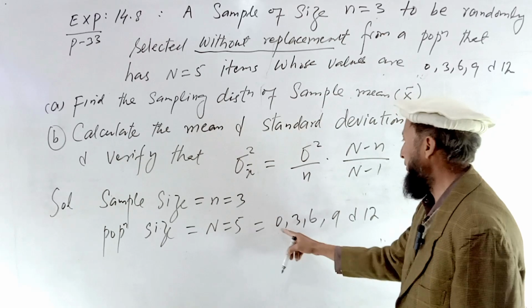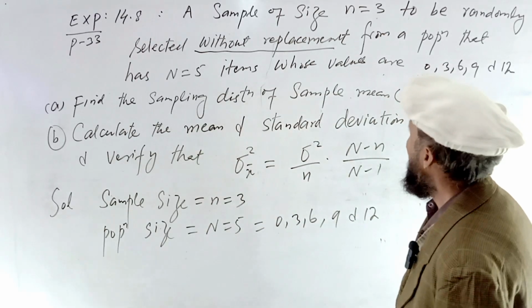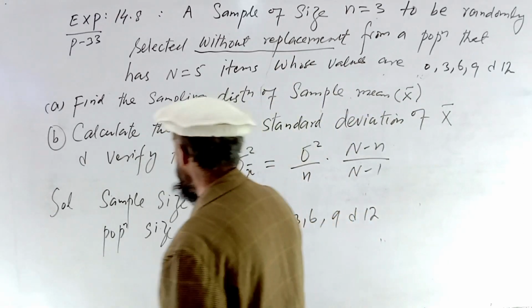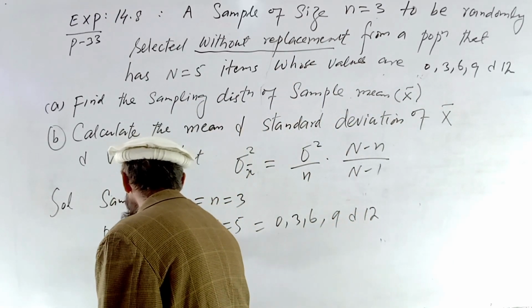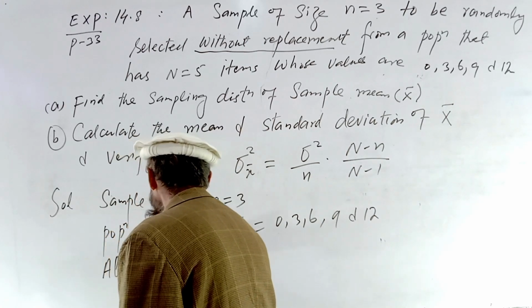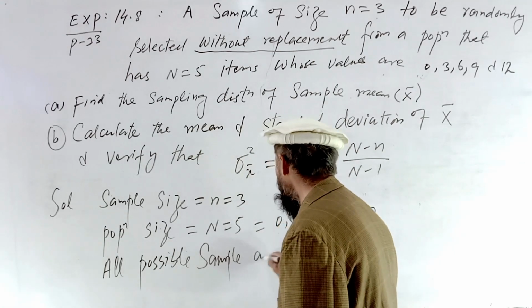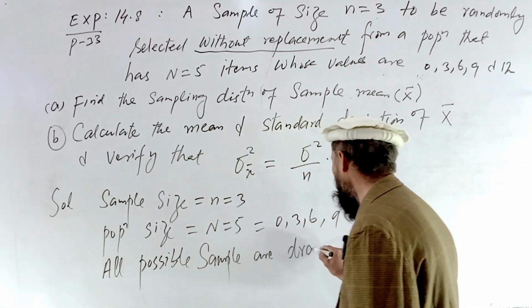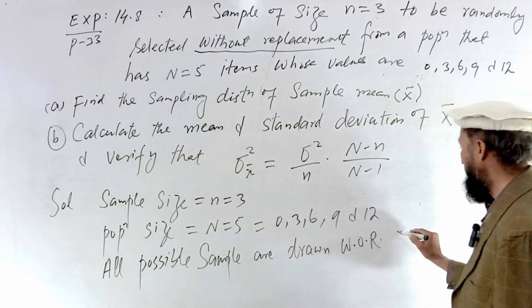These are 5 values: 1, 2, 3, 4, 5. Now all possible samples are drawn in the without replacement case.